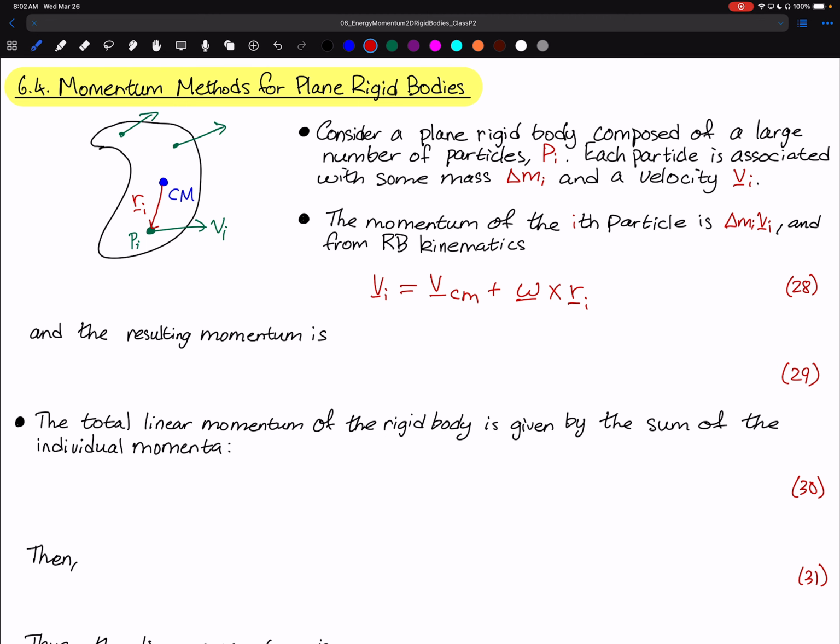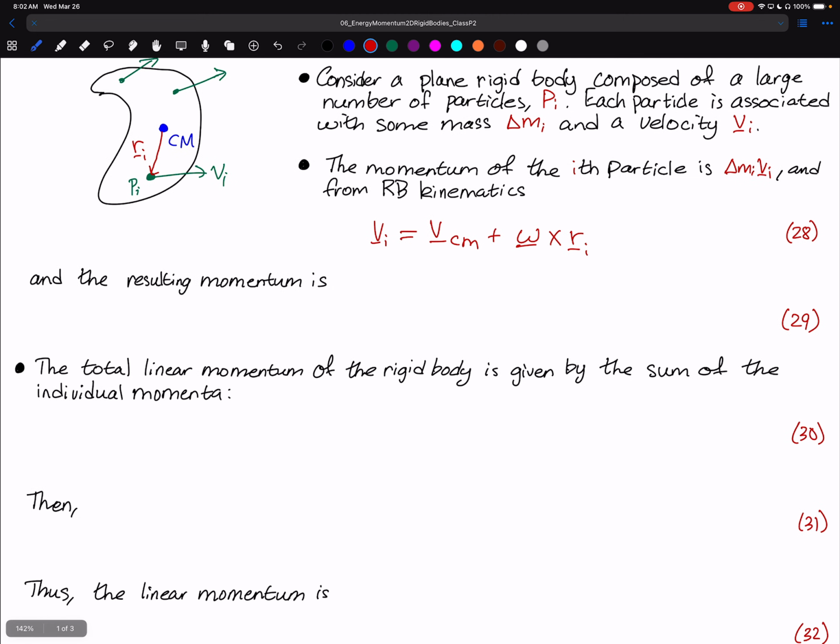And then our resulting momentum, delta mi times the vector vi, is then equal to delta mi times the velocity of the center of mass plus delta mi times omega crossed with r sub i.